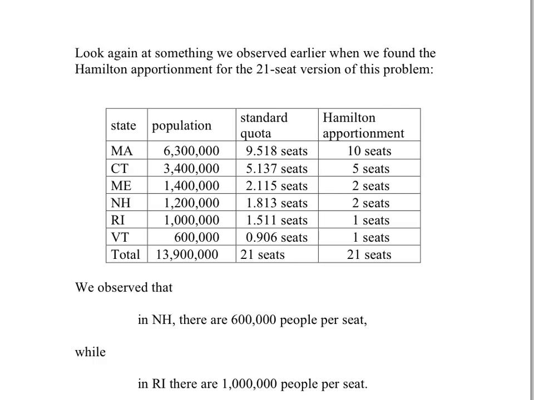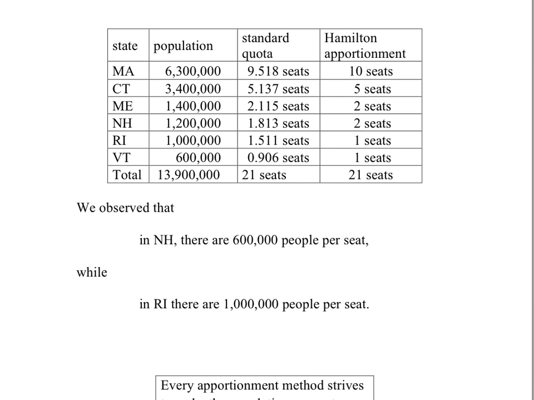Let's look again at something we observed earlier about the Hamilton apportionment for this 21-seat version of the problem. We observed earlier that New Hampshire, which received 2 seats, which is to say that it got rounded up, received a surplus seat from Hamilton, compared to Rhode Island, which got rounded down. They had very different numbers of people per district, per seat, within the state.